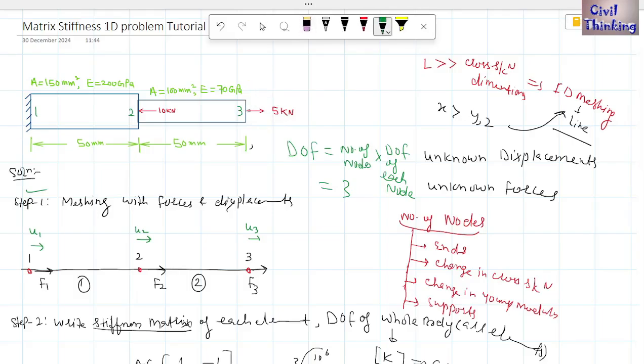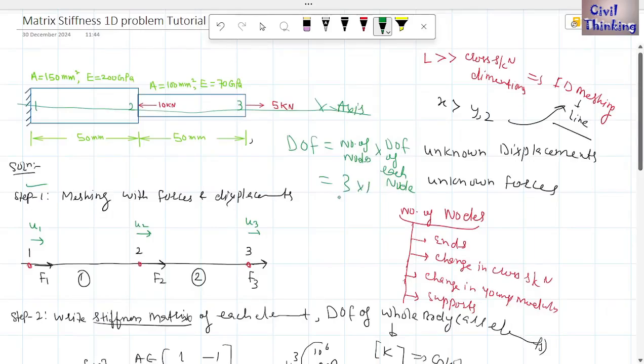The only possibility is that it moves in one direction. Similarly, the 10 kilonewton force will cause node 2 to displace somewhere here. So only one motion is possible, along the centroidal axis. Let us say this is the x-axis, so the degree of freedom is the displacement along the x-axis. Only one axis means 1. So the degree of freedom of each node is 1, and 3 times 1 is 3.